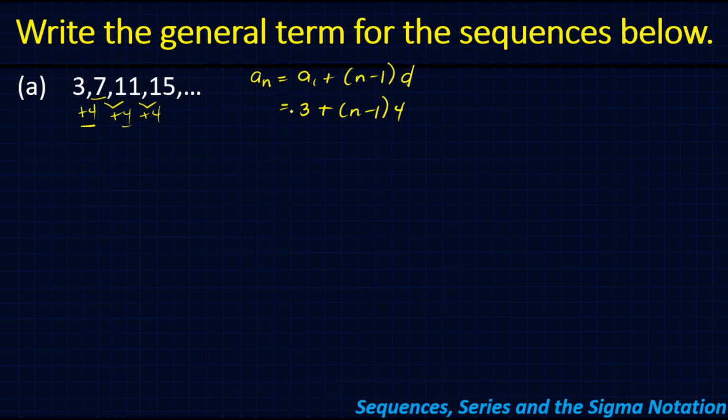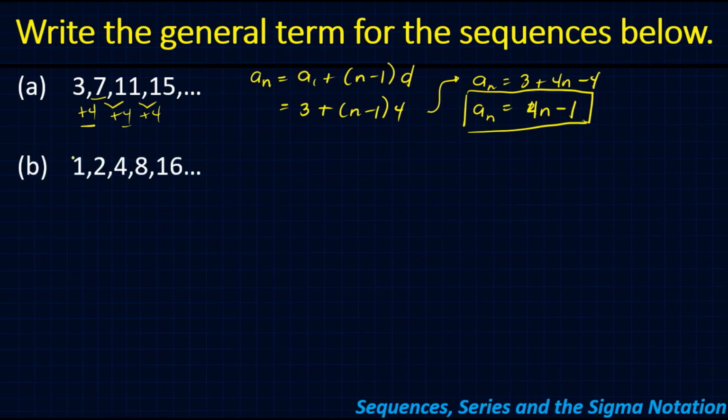Okay, so simplifying further, we will have a sub n is equal to 3 plus 4n minus 4. Simplifying this, combining like terms, so we have 4n, 3 minus 4 is equal to negative 1. So a sub n is equal to 4n minus 1.